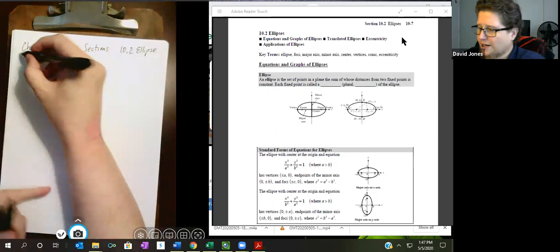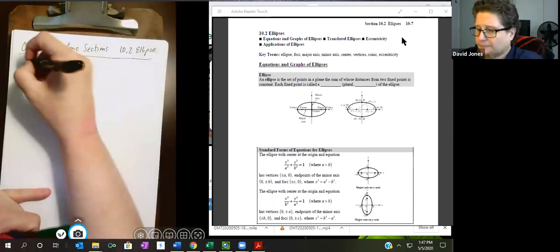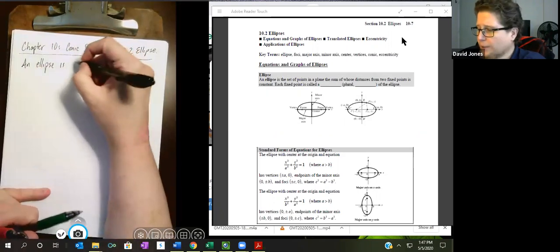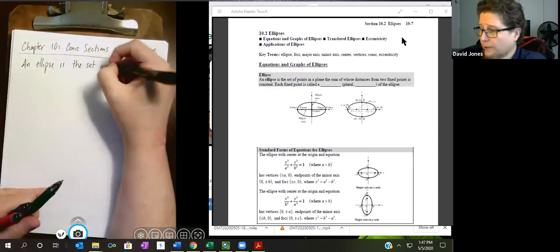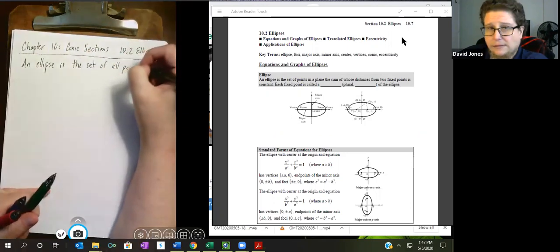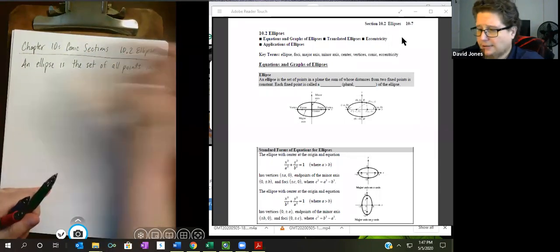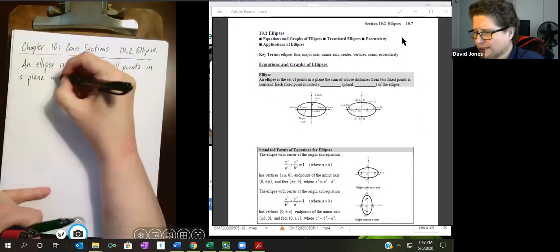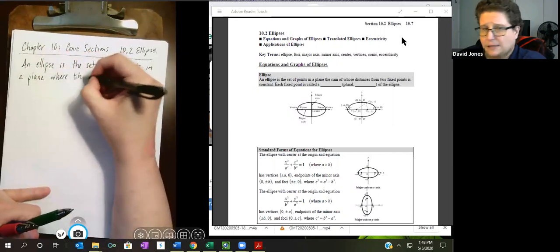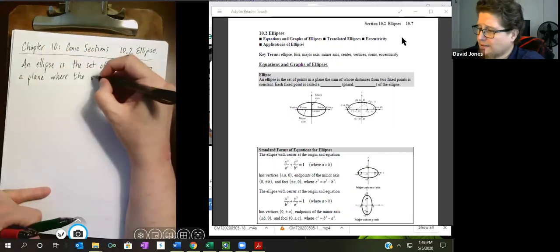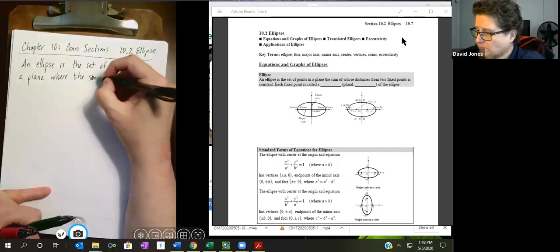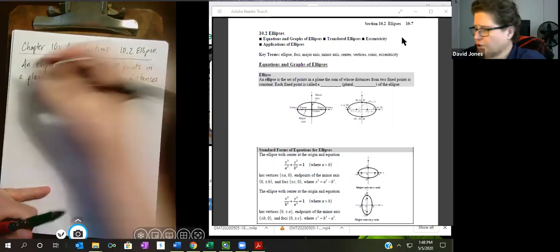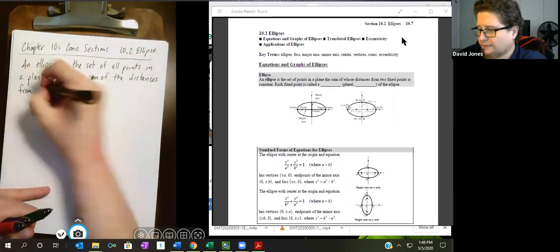So first off, the full terminology. An ellipse is the set of all points in a plane where the sum of the distances from two fixed points is constant.